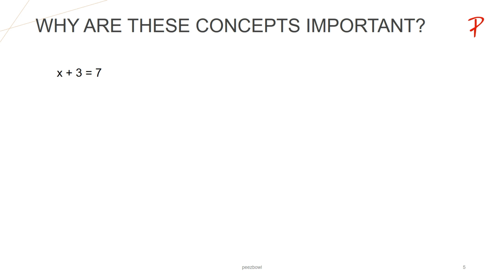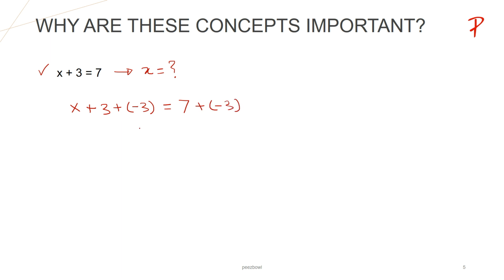Understanding these concepts helps us solve equations and understand how numbers work together. For example, when I want to solve x plus 3 is equal to 7, where I need to find out the value of x is equal to what? In this case, I add the additive inverse of 3 to both sides.